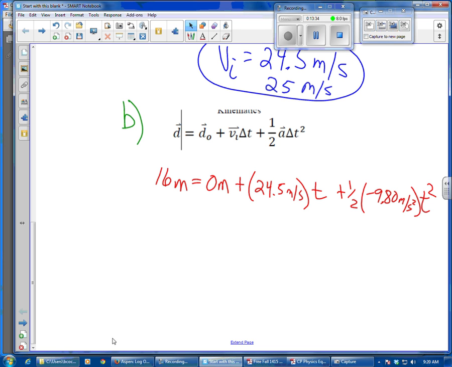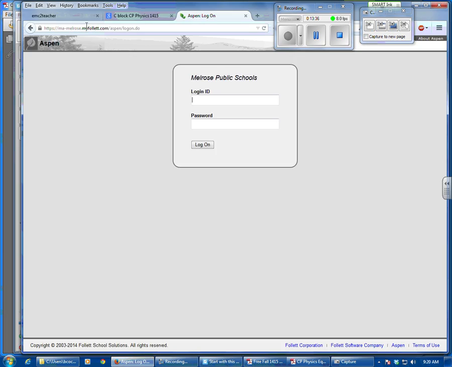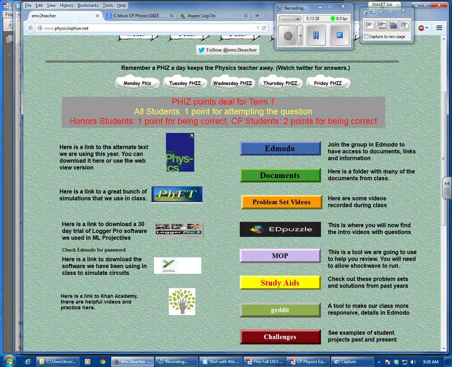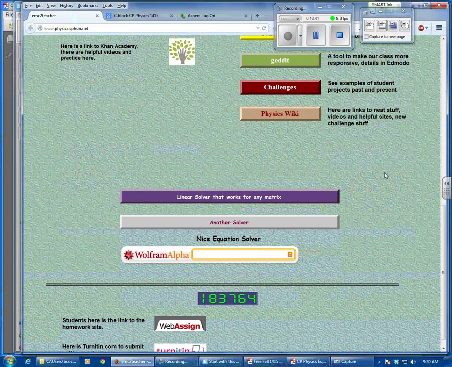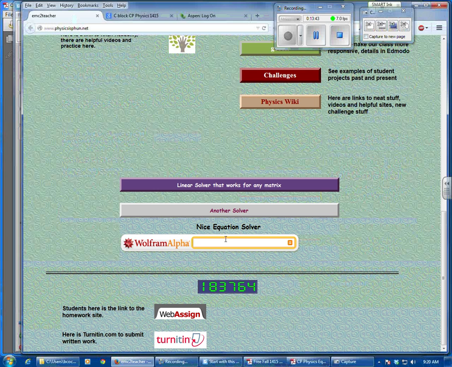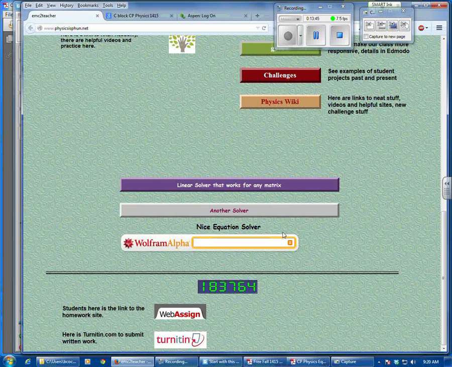If you go out to our website, it's amazing how many times we go to this website, and you go down here, there's a nice equation solver, Wolfram Alpha. You can also get this on your phones. Don't do that, just go to the website.